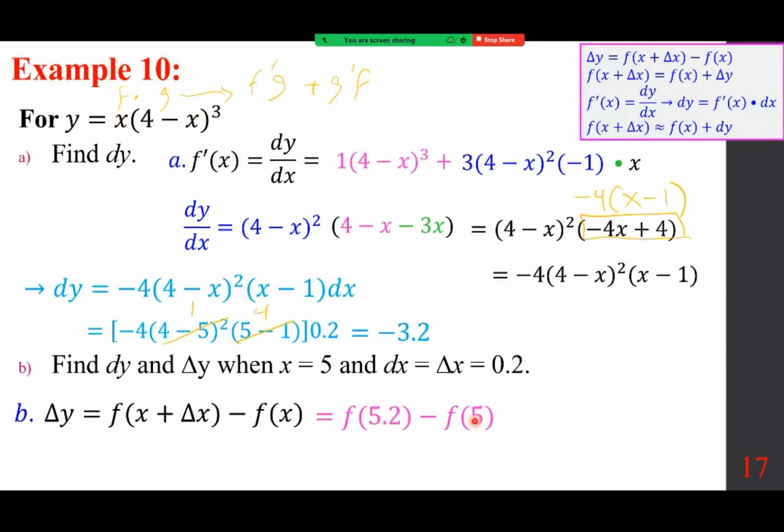We're going to replace the x with 5. That gives us a different answer. I'm going to assume everybody can calculate that. And we get minus 3.64. It's pretty close to dy. By the way, the smaller this value, in a matter of comparison to the choice of x, the better this approximation.